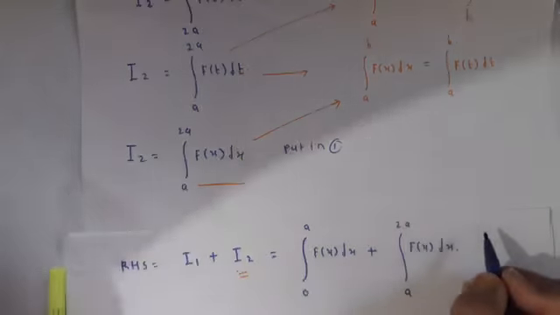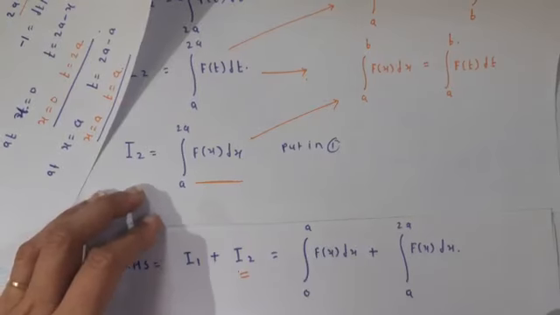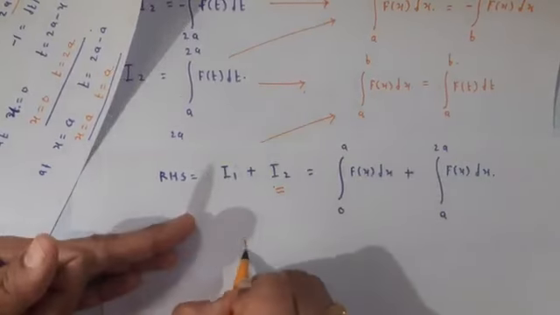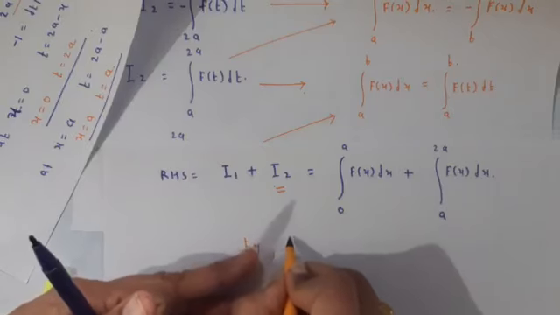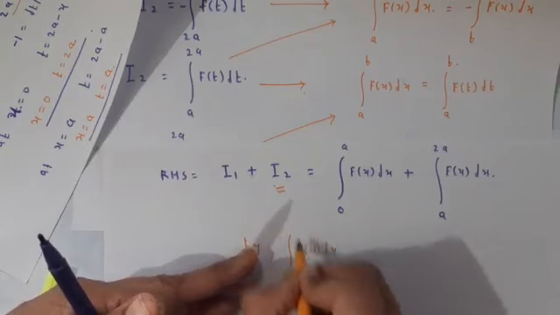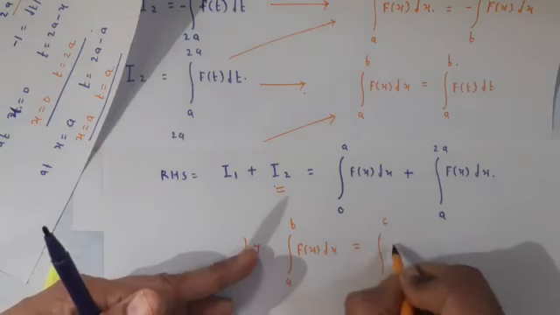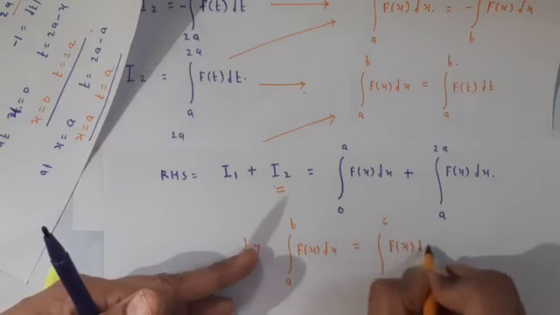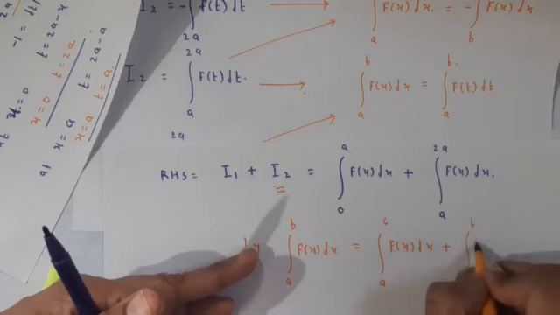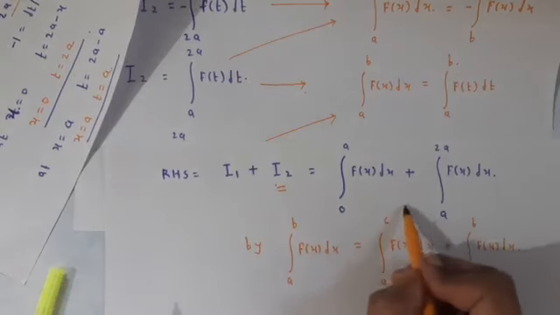Students, we know the property of definite integration: the integral of f(x) dx from a to b equals the integral from a to c of f(x) dx plus the integral from c to b of f(x) dx.